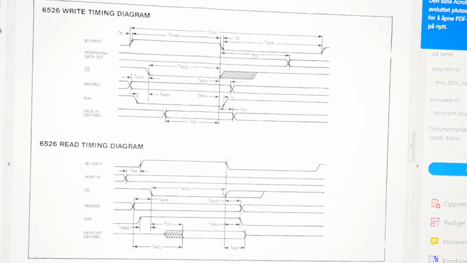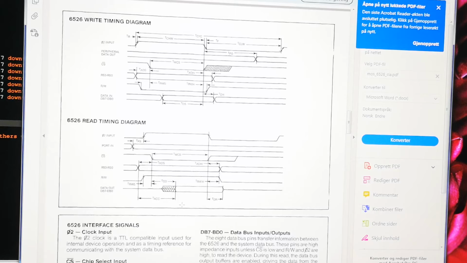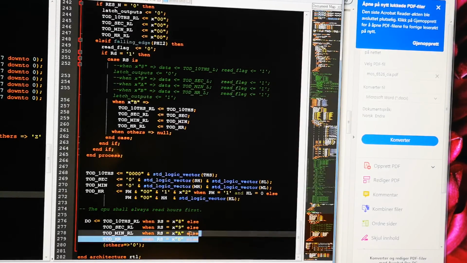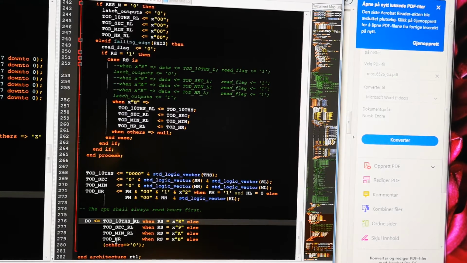So you have certain requirements, and that's why I have down here just a multiplexer. It doesn't care if it's a read or write or anything. If it sees this on the bus, it just puts whatever latch you want to look at.